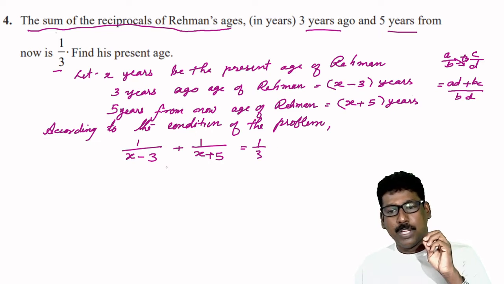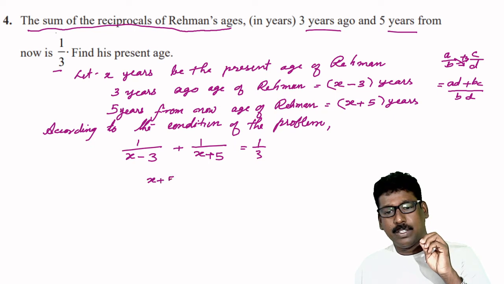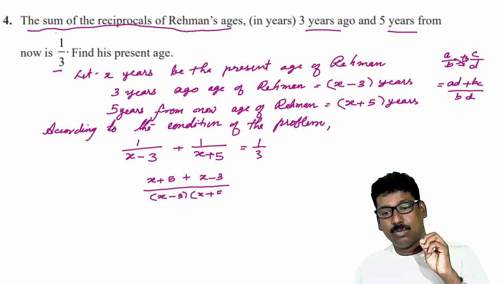So, you can multiply 1 into x plus 5, that is x plus 5, plus 1 into x minus 3, that is x minus 3, whole divided by the product of the denominators, x minus 3 into x plus 5, which is equal to 1 by 3.